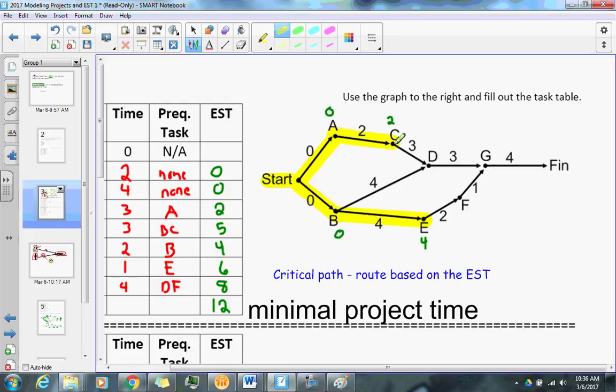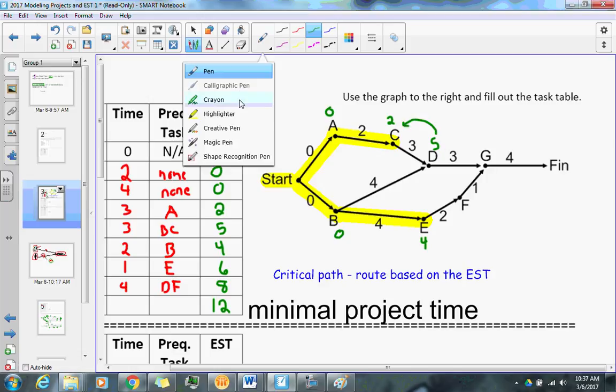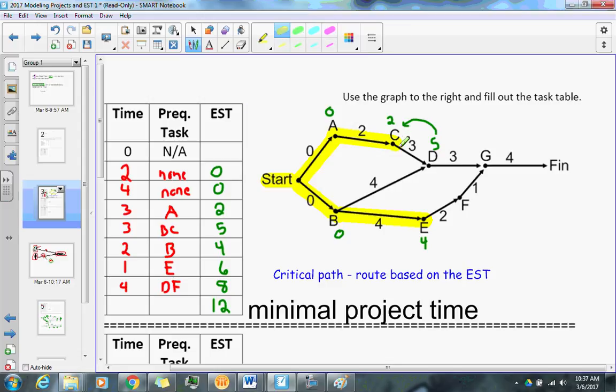Now this is where it's going to get a little interesting, and that is D. D has 2 arrows coming to it. Remember that D had an EST of 5. This is where it gets interesting with critical path, and that 5 came from C. So we are going to highlight the path from C to D.